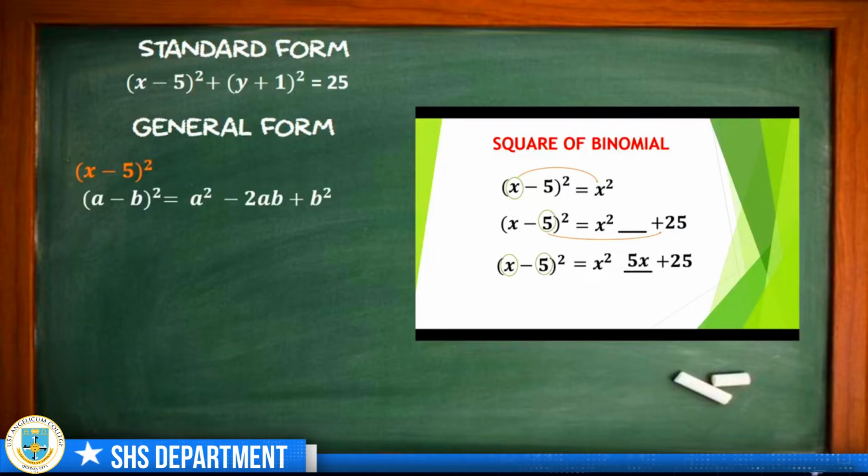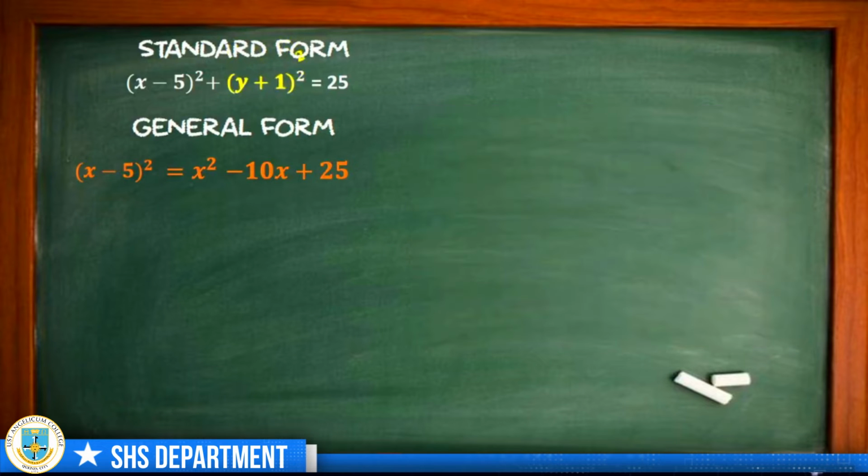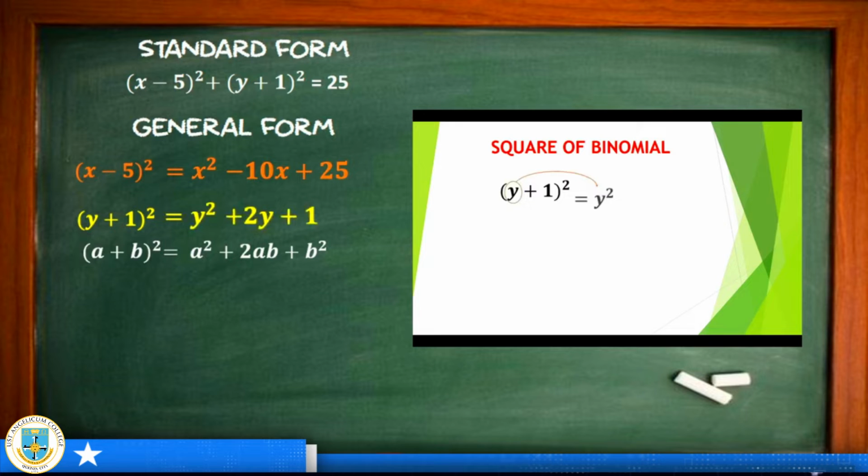Double the result, so 5x times 2 is 10x. So that will be your middle term. And the sign of the middle term is negative. Okay, we do the same to the quantity of y plus 1 squared. We apply the square of a binomial. Okay, so now we have square of y, so that is y squared.